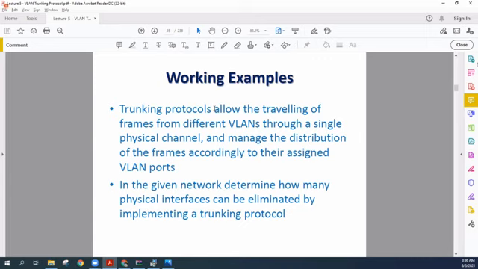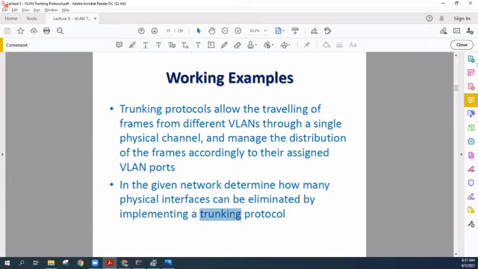Once we have shared media, we can transmit any data, but the tagging mechanism helps to identify them separately. In the given network, determine how many physical interfaces can be eliminated by implementing the trunk protocol. That means once we introduce the trunk, we can save some ports.